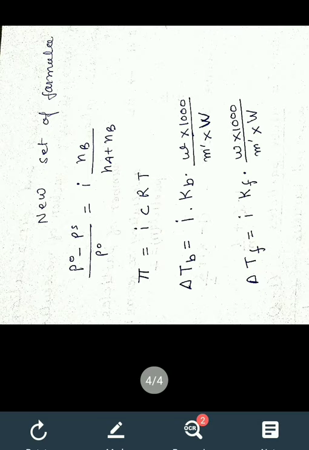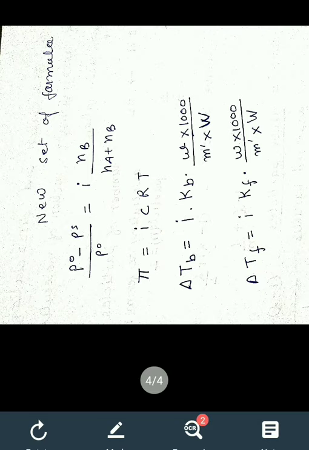Please do not just assume that you substitute the values and you will get the answer. Get your answers, use your calculator, because in these calculations, the calculator plays a very important role.